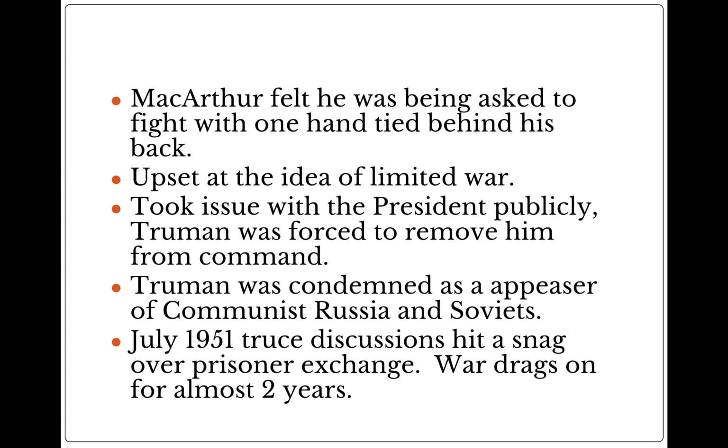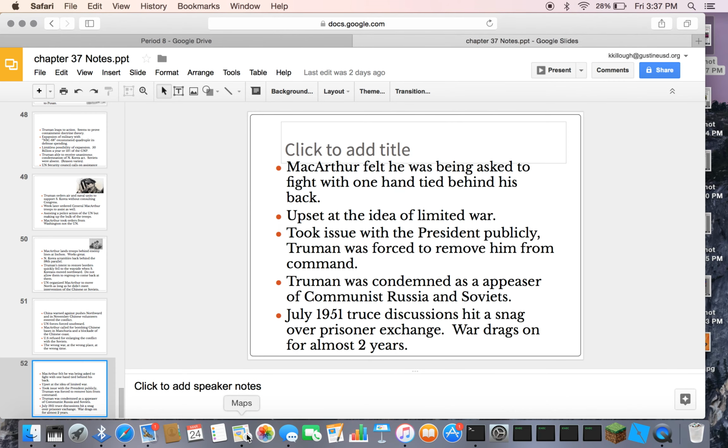He felt like he wasn't being supported, and so he says strong words against the president, and he is eventually removed from his position. In July 1951, there were truce discussions, and it hits a snag over prisoner exchange, and the war drags on for almost another 2 years. And that is the Korean War in a nutshell, which is also known as the Forgotten War.